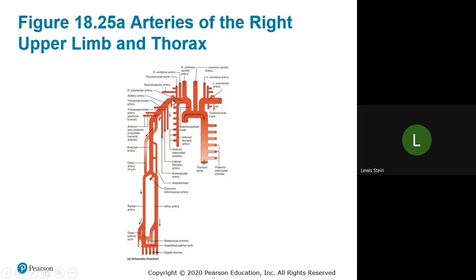What happens when the subclavian artery goes under and starts to cross over the scapula, it magically changes its name. Same artery, it's the axillary artery. So it's like the Pennsylvania and Ohio Turnpike. Same road. When you cross the border, the name changes from Pennsylvania to Ohio Turnpike.